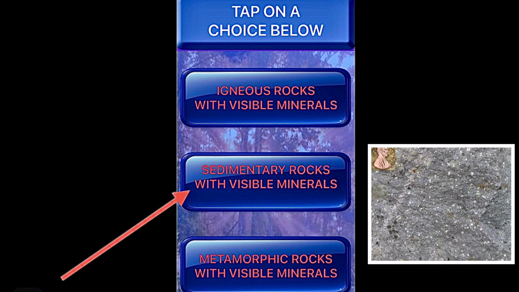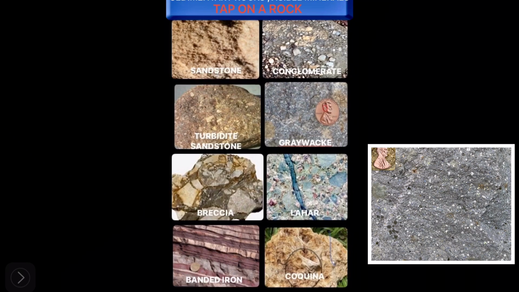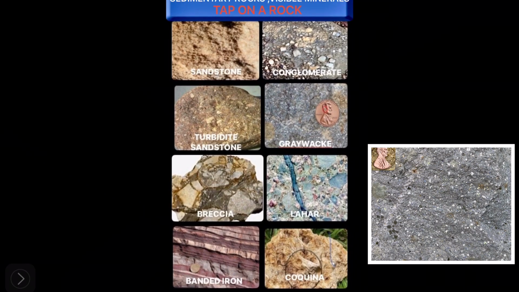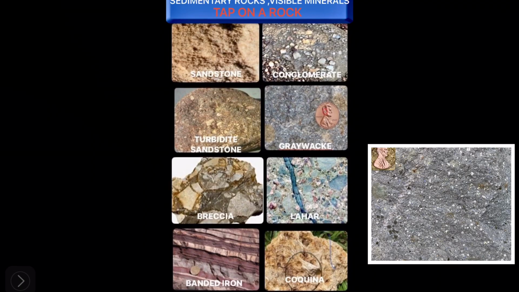So back to our 3 choices of rocks that have visible minerals in them, and we'll go to sedimentary rocks with visible minerals and see what we get now. That picture of greywacke looks very suspicious and possible. Let's tap on it.